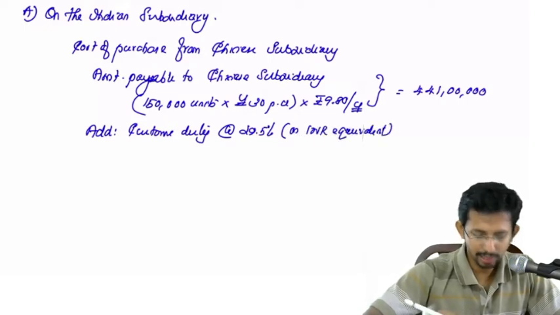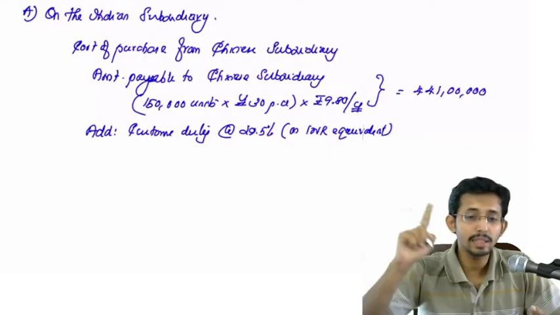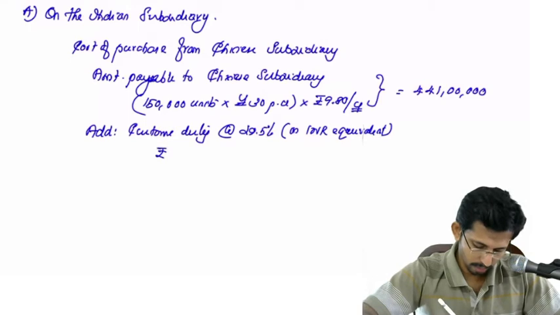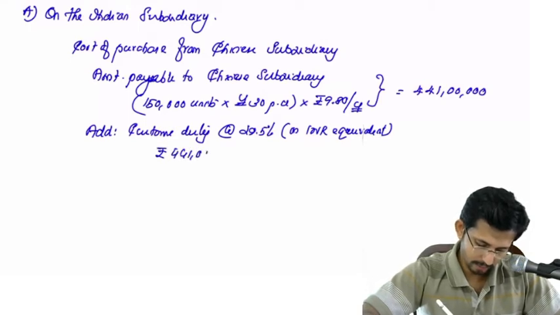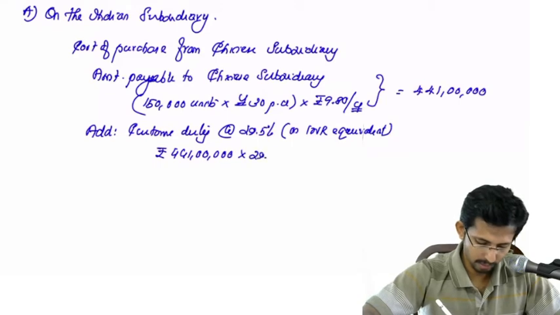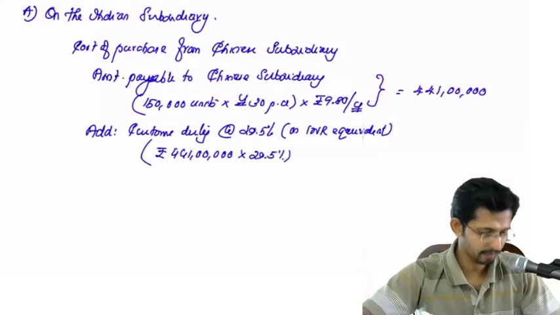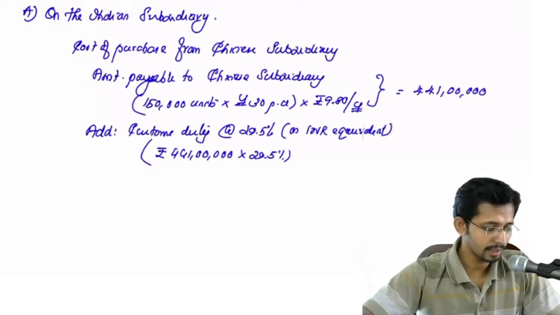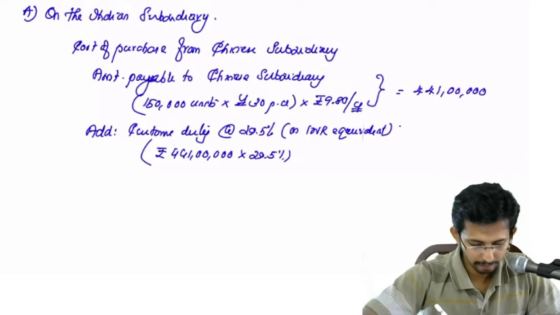This rate of 29.5% has to be applied not on the Chinese yuan, it should be applied on the Indian equivalent. So 4,41,000 into 29.5, it will be 130,09,500.